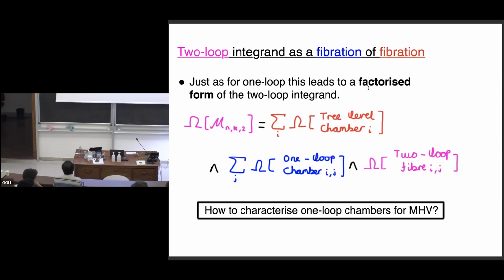Yeah, well, fibrations of fibrations, whenever I say it, all I really mean is writing the one loop integrand, sorry, the two loop integrand, or whatever loop, in this kind of way which emphasizes this chamber structure.